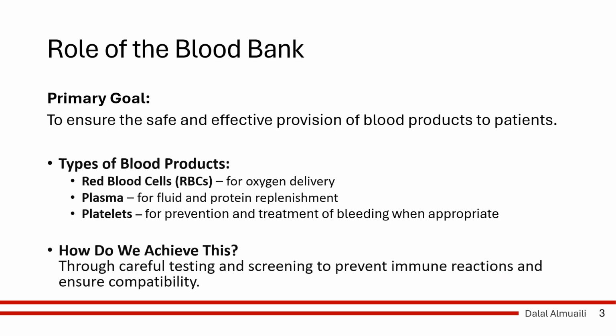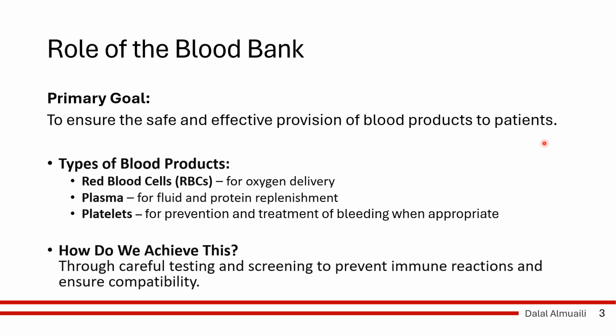To start, I think it's very important for nurses to understand the role of the blood bank. I think if the nurses understand how blood bank technicians think and operate, then they will be able to make decisions that will ultimately help the patient. In the blood bank, our primary goal is to ensure the safe and effective provision of blood products to patients.